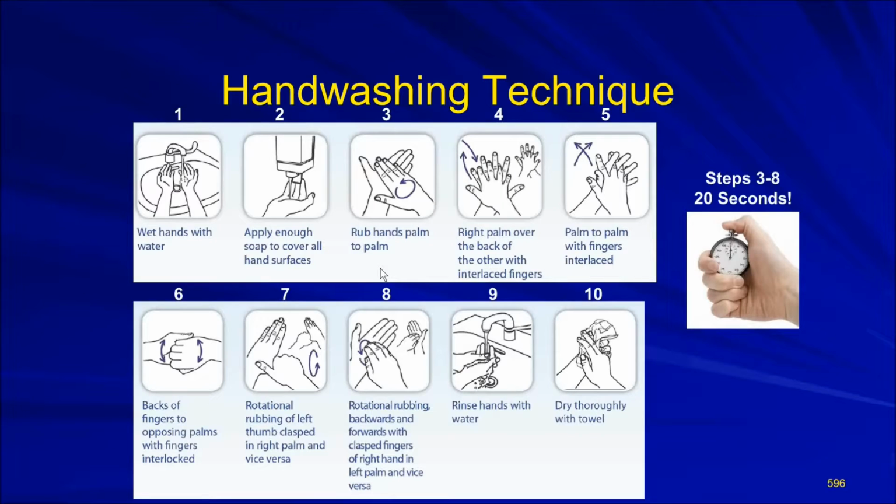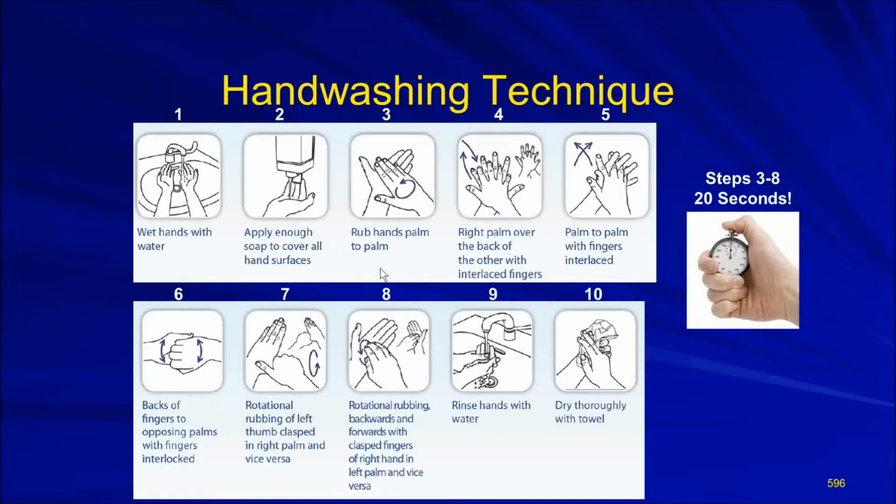And we proceed to step number 7, where you want to have an outstretched thumb. You want to clasp it with the opposing hand and then rotate and twirl it in a rotational pattern, making sure that you cover the entire surface of the thumb, because we know that the back of the thumb is very frequently missed with hand washing.